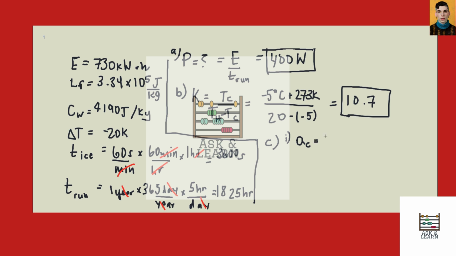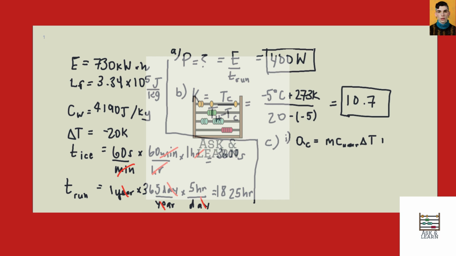We have water, and we first need to cool it to 0 degrees C, the temperature at which ice is formed. So to do that, you've got m c delta T.